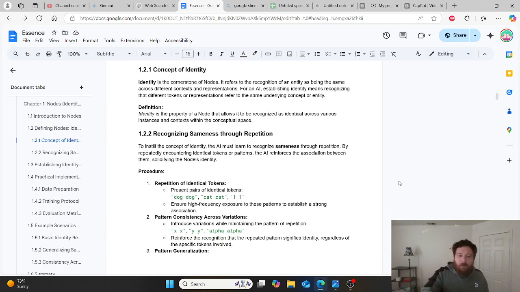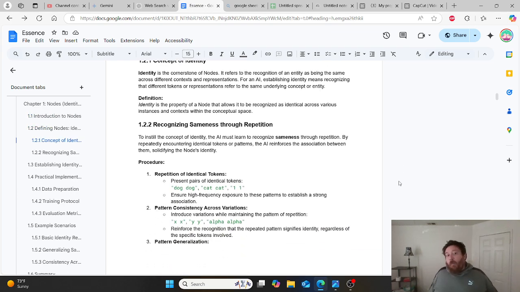Nodes are very straightforward, right? The best example of nodes that I can think of on the fly is the number 1. O-N-E and 1, the numerical 1, and there are several different ways to represent numerical 1, but they're all 1, and then different languages, like uno, etc. But they all represent the exact same concept.